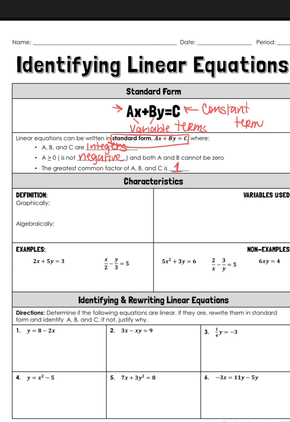So what does this mean? What are the characteristics of an equation in standard form? Graphically, the definition would say it's an equation that forms a straight line.